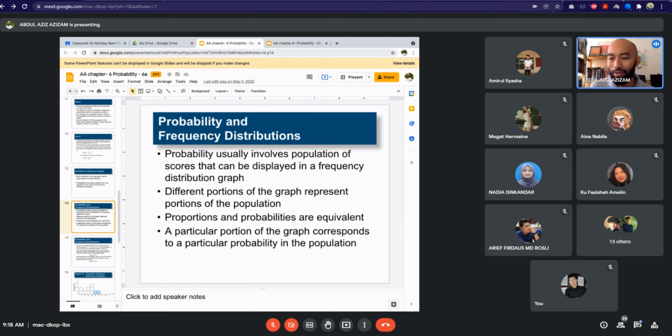Faham tak ni dia kata apa kat sini? Faham tak dia kata apa kat sini? Saya kurang faham sikit rasa.